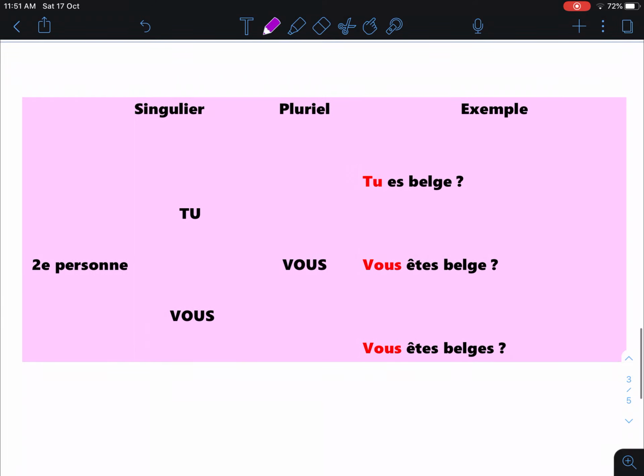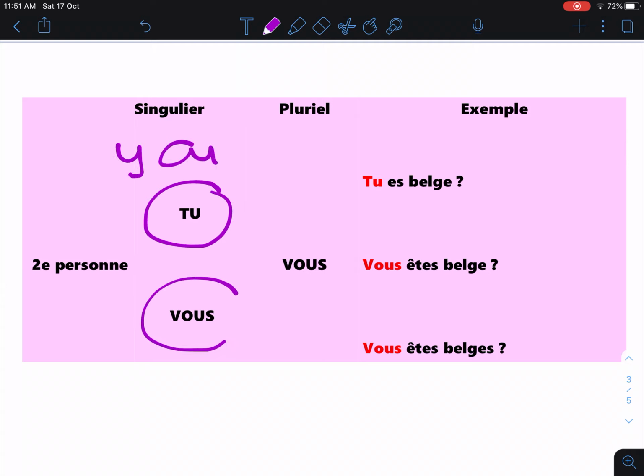You have the sujet tu, which is you again, and vous, which is also you. The difference is this one, tu es belge, are you Belgian? Asking someone in an informal situation, asking a friend, for example, or asking someone younger.